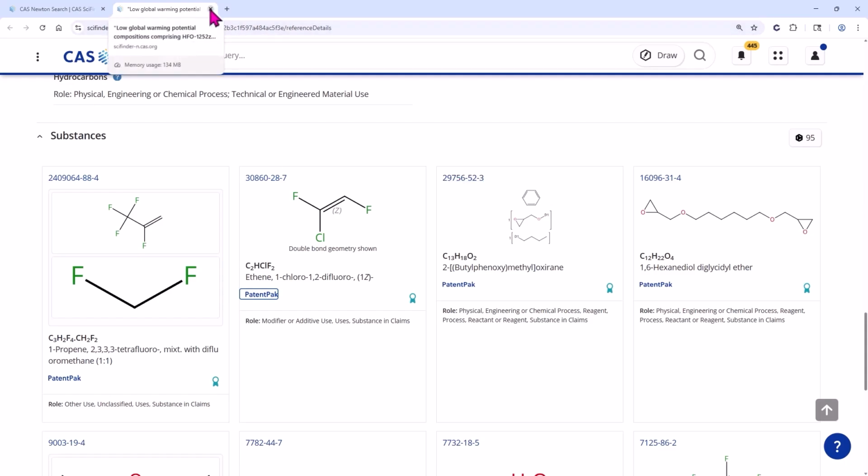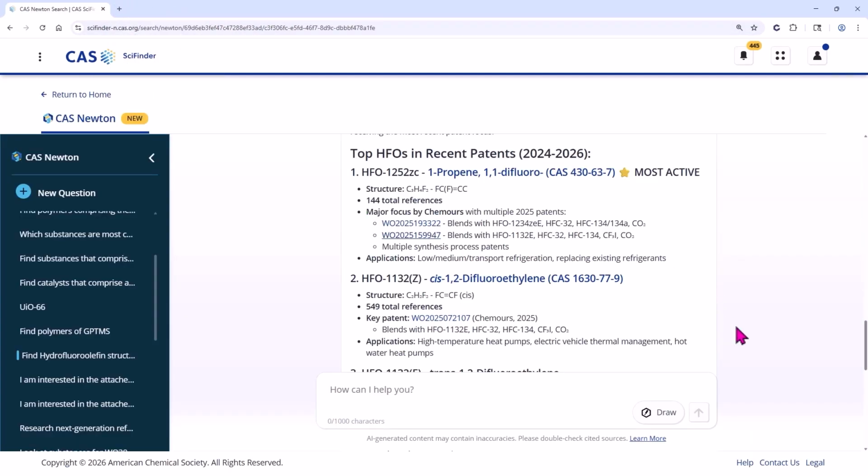So, as I mentioned previously, something that I really enjoy about Newton that I think is of great value to you is that you have the capacity for human in the loop. Now, there's human in the loop on the user end, wherein we can interact with Newton and at any point manually interact with specific documents, substances, reactions, or just result sets.